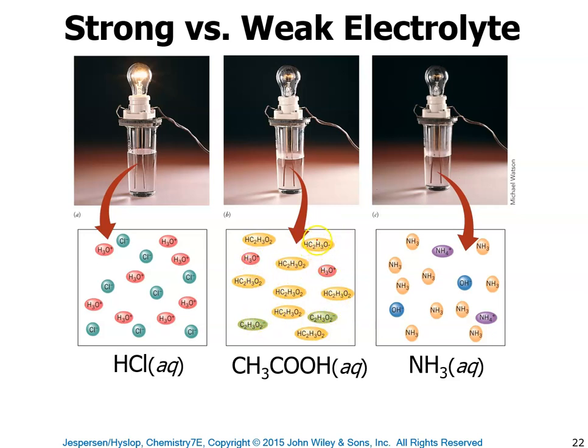But this is a really weak electrolyte, so it doesn't happen very frequently. So you can see that the electron flow can come through here a little bit. And then there are others that are really, really weak and don't happen very much at all. Here's ammonia. Once in a while it'll happen, but very infrequently as well.